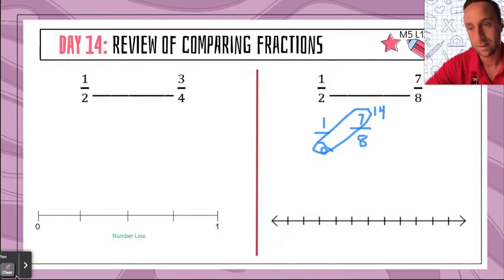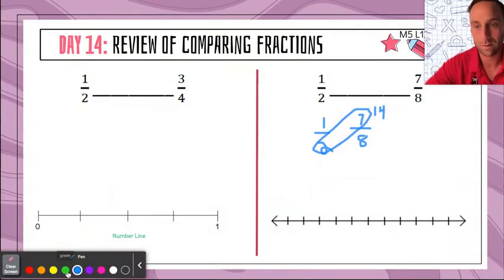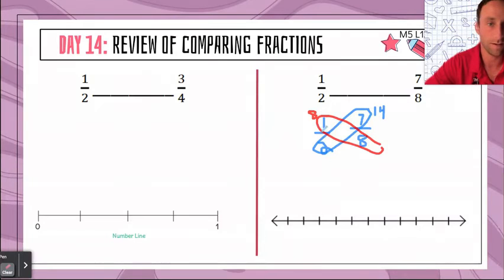And I'll set it up here quickly in a different color just to show you my other cross multiplying. 8 times 1 is only 8, which is telling me 14 is greater than 8, which means 1/2 is less than 7/8, or 7/8 is greater than 1/2.